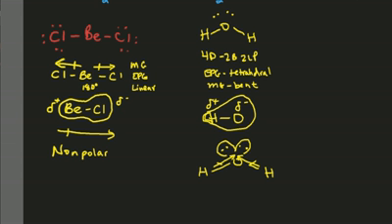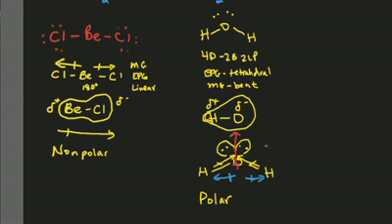Now, if you were to break this up into the components, you would have one component for each going up, and they would reinforce each other. So the horizontal components will cancel, making the overall compound polar.